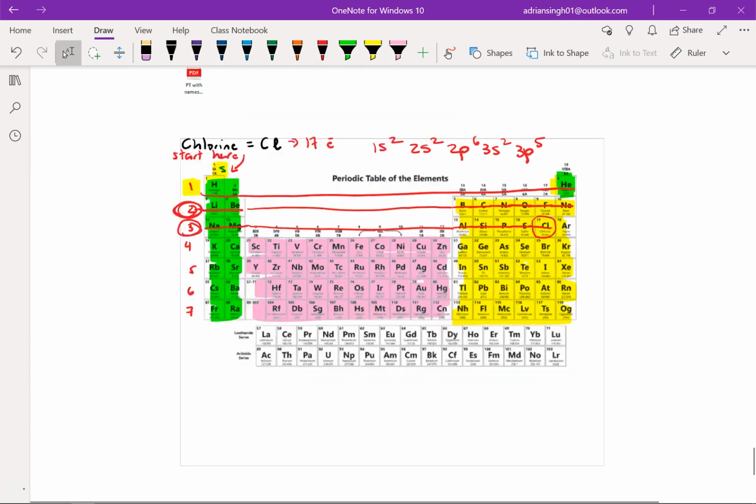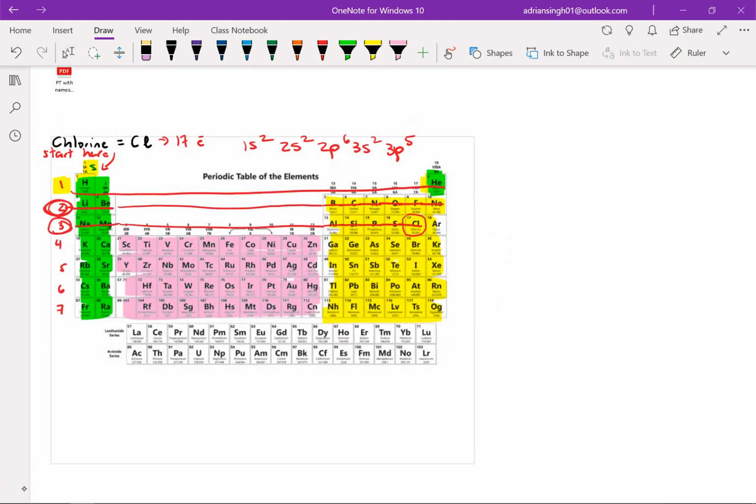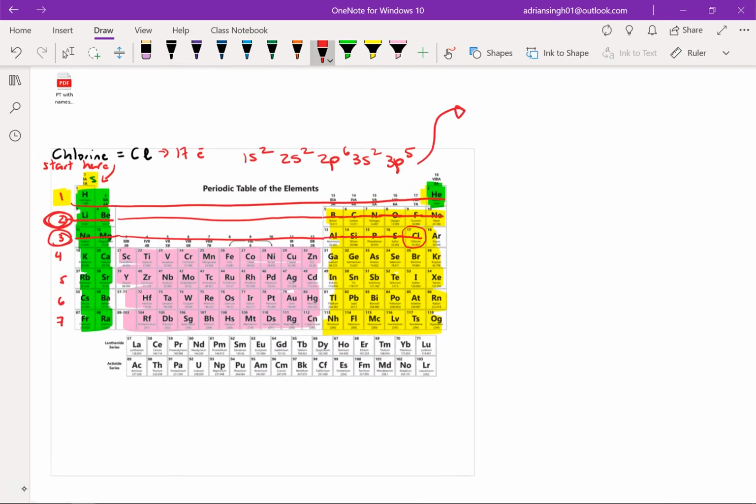All right, so let me just address another quick thing here before we look at a couple other examples. For the shorthand notation, what we do is we locate the noble gas, which is a group 8 element that came directly before the element in question.